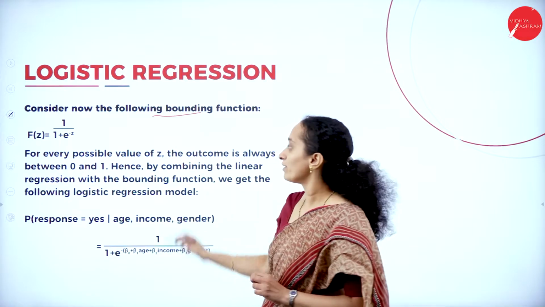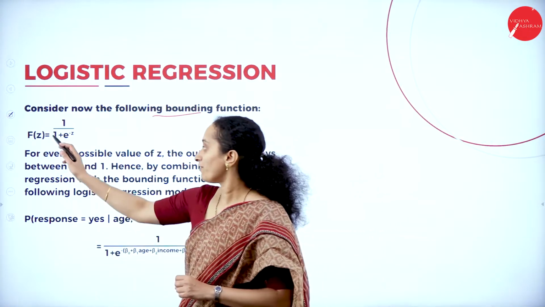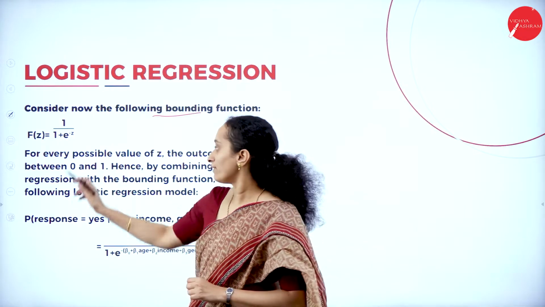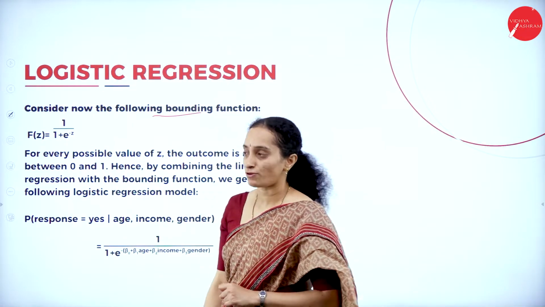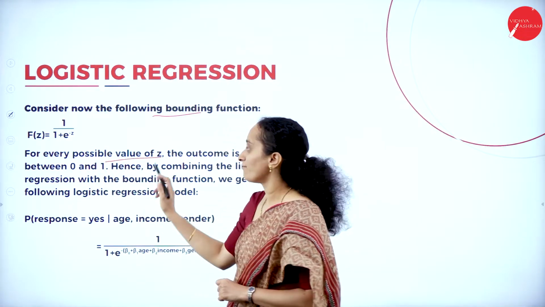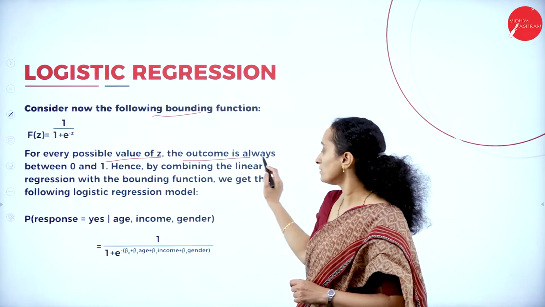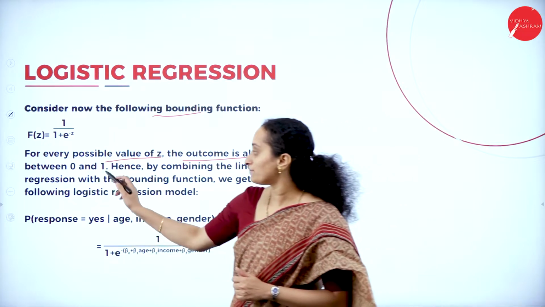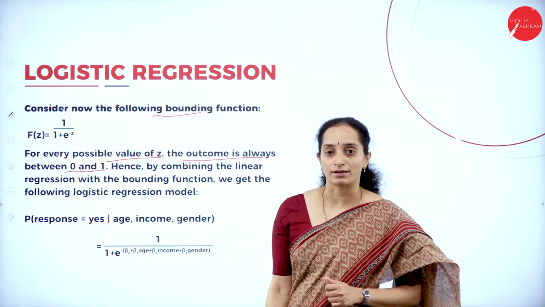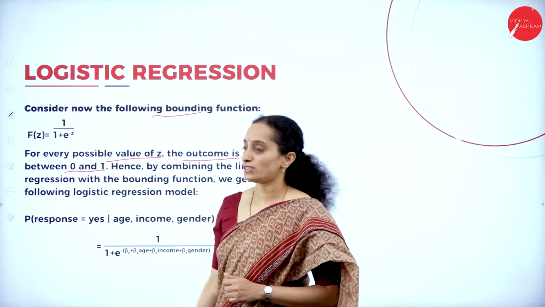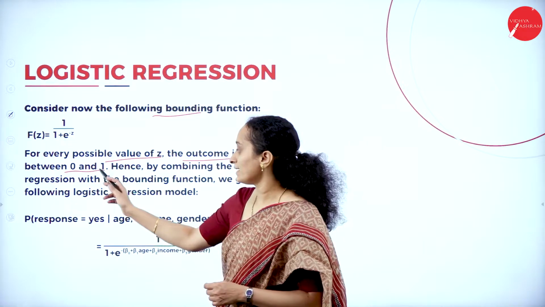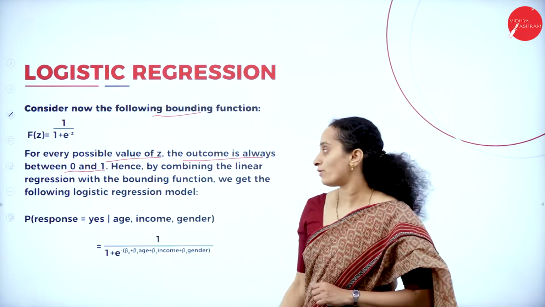Consider now the following bounding function: f of z equals 1 divided by 1 plus e to the power of minus z. For every possible value of z, the outcome will always be between 0 and 1.